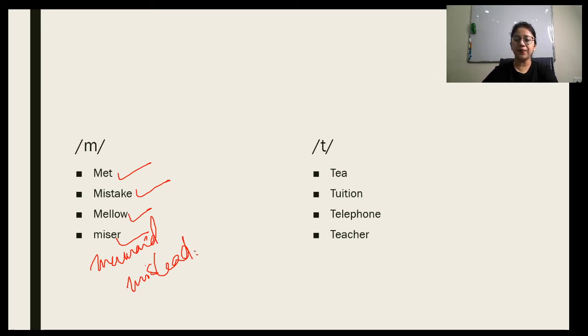Can we do t? So it's important to understand that whenever we do the t sound, it has to be pronounced in a manner where your sound is neither too light nor too heavy, and there's a certain vibration to it. T, teacher, telephone, tuition, tea, time.